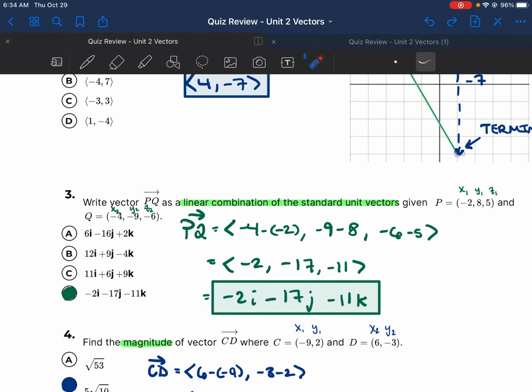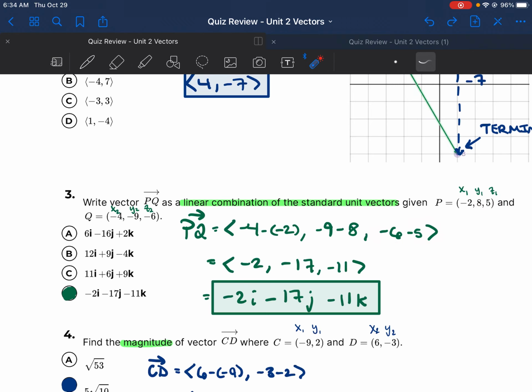Again, we're going to take the terminal point, subtract the initial point. So we're going to do x2 minus x1, so negative 4 minus negative 2, y2 minus y1, so negative 9 minus 8, and then z2 minus z1, negative 6 minus 5.